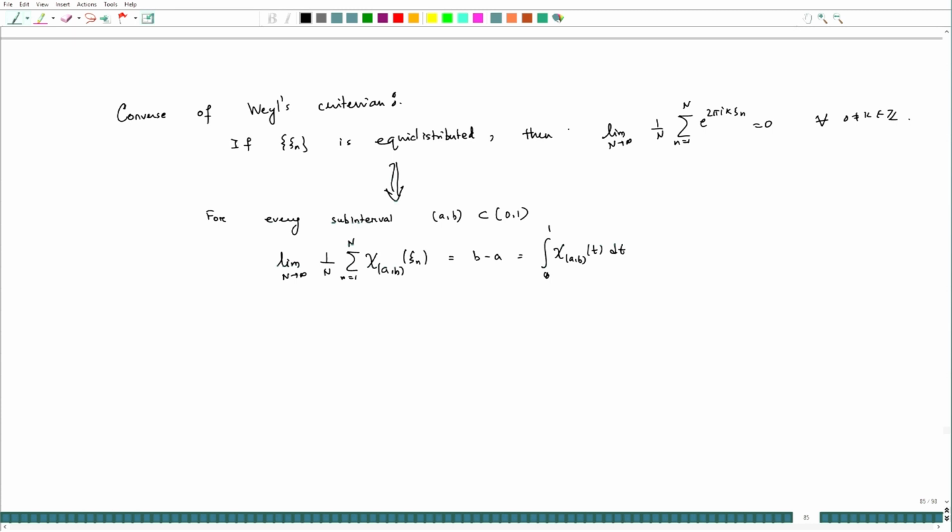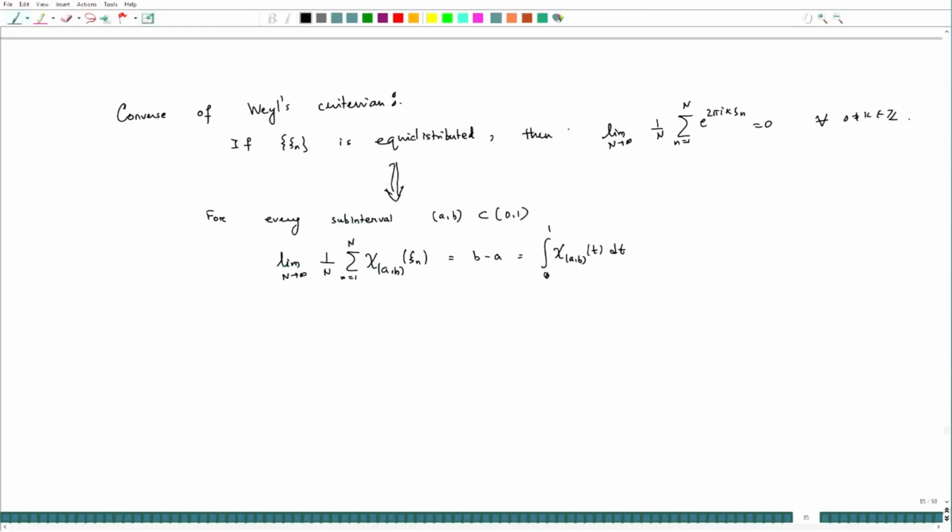Now, if we can replace the indicator function by a continuous function, then obviously in particular we will get this result. So now let us say we are given a continuous function. In fact, the argument goes for every Riemann integrable function.